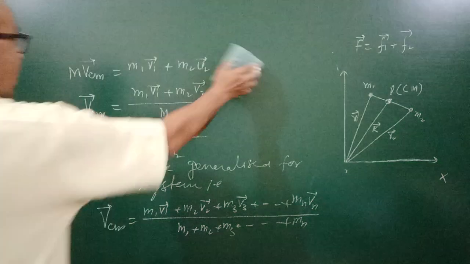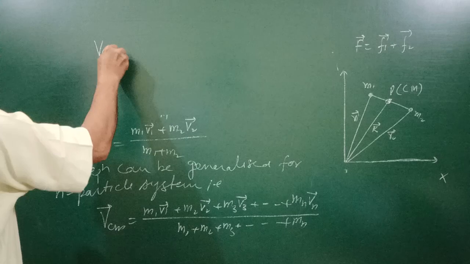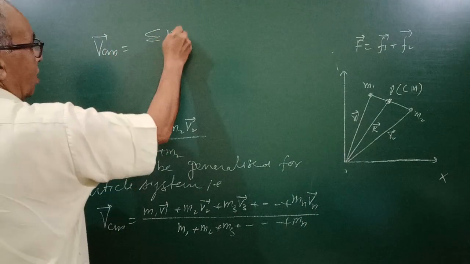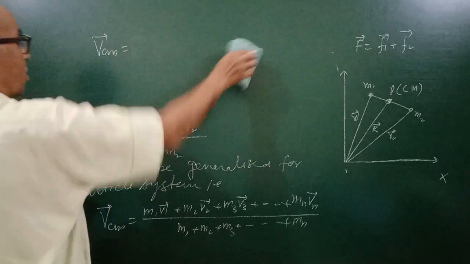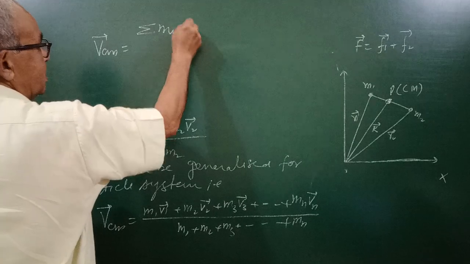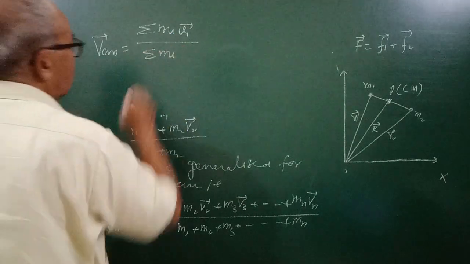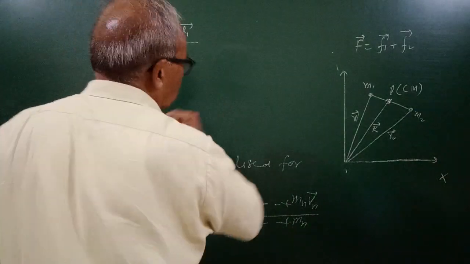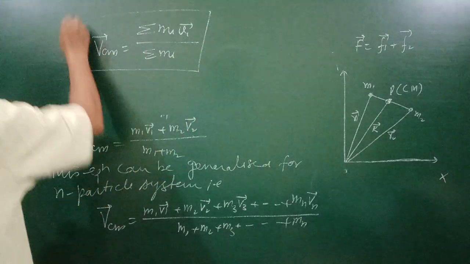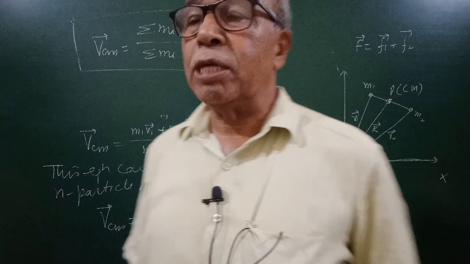Or simply we can write this equation as Vcm is equal to summation mi vi upon summation mi. Here i varies from 1 to n. Sometimes we write it, sometimes we don't. So this is the concept of velocity of center of mass.